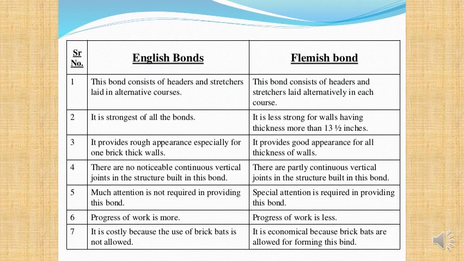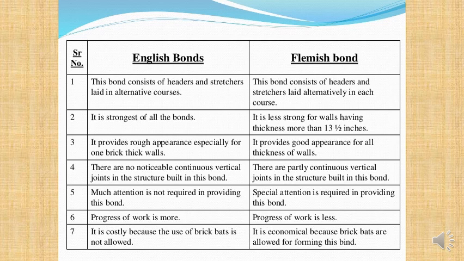So this is just a small comparison here of English bonds to Flemish bonds. Remember, the English bond is where you have courses which alternate between stretcher courses and header courses, whereas the Flemish bond has stretchers alongside headers in each course.